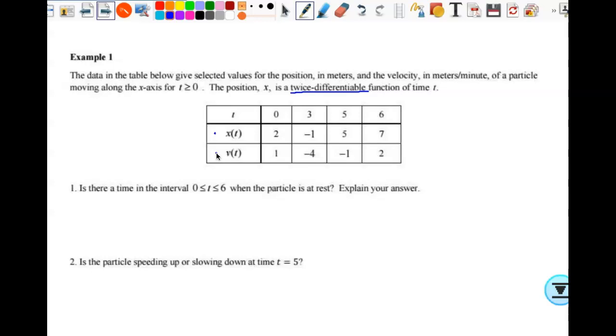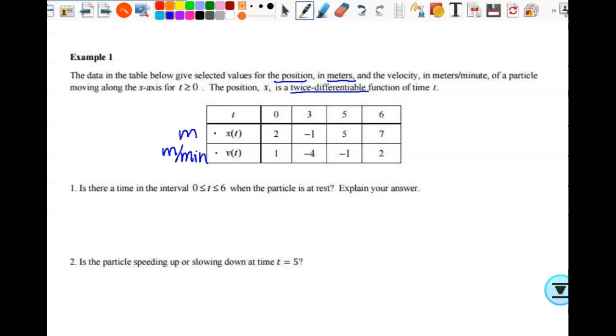I would say that we want to make sure that our units are correct. So it tells me the position is in meters. So position is x of t. There's my meters. And velocity is meters per minute. So I'm going to write that out so I don't mess anything up here. And when t is greater than or equal to 0, so I think we're good. Okay.